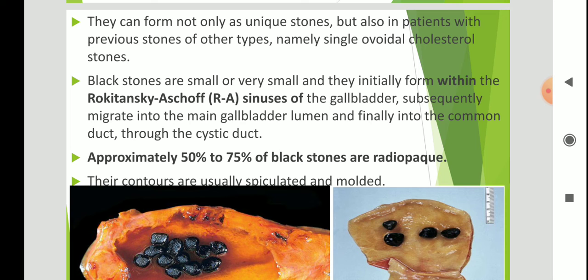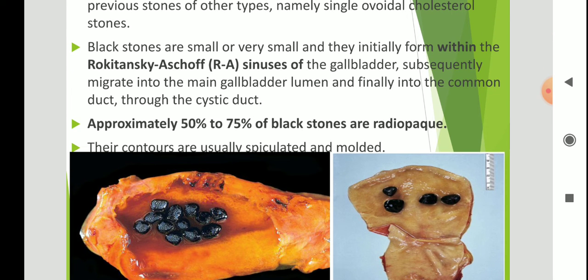See the Rokitansky-Aschoff sinuses, which we already mentioned in earlier slides. The black stones are small, so they are initially formed there. Approximately 50 to 75% of black stones are radiopaque. Their contours are usually spiculated and molded.